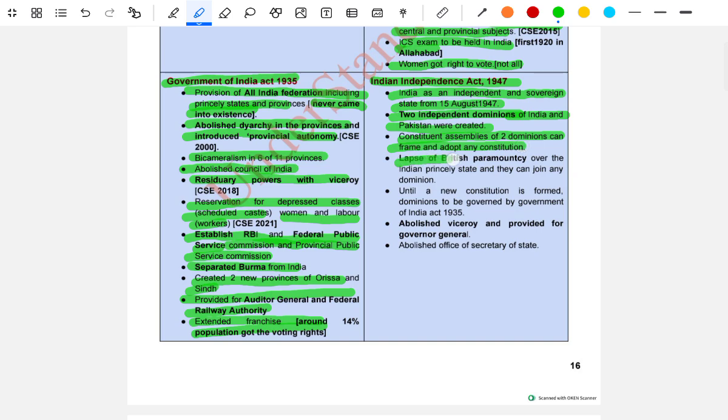British paramountcy over the Indian princely states lapsed, and they could join either dominion. Until a new constitution was framed, the dominions were to be governed by the Government of India Act 1935. It abolished the Viceroy and provided for a Governor General. It abolished the office of the Secretary of State.